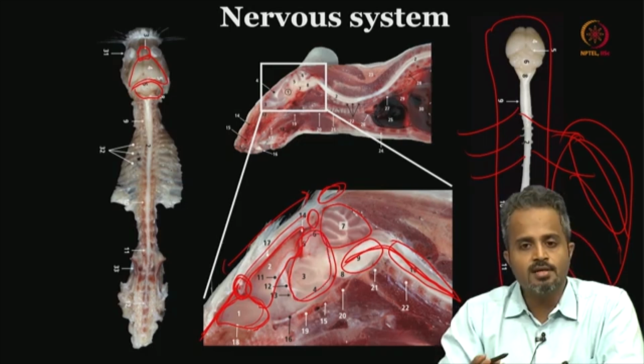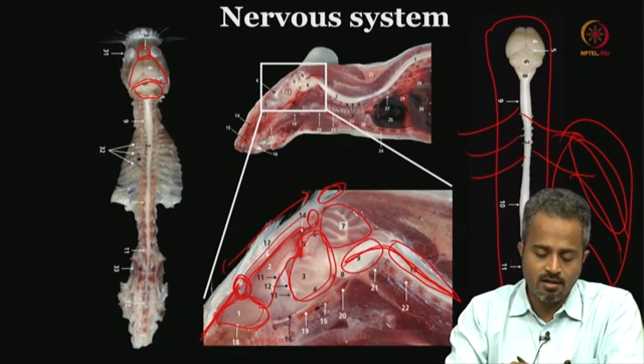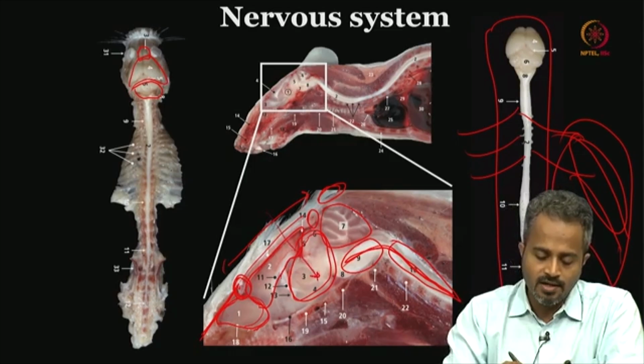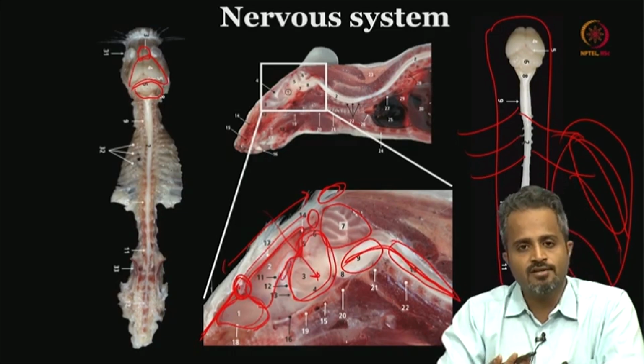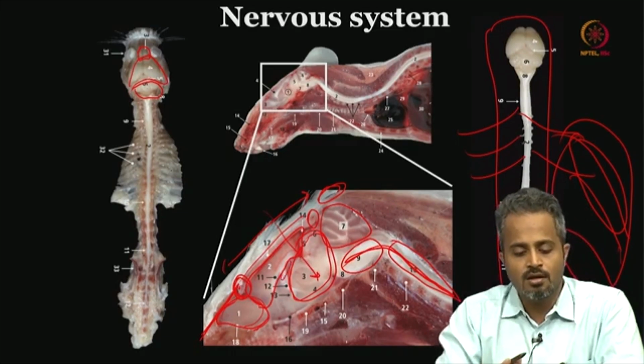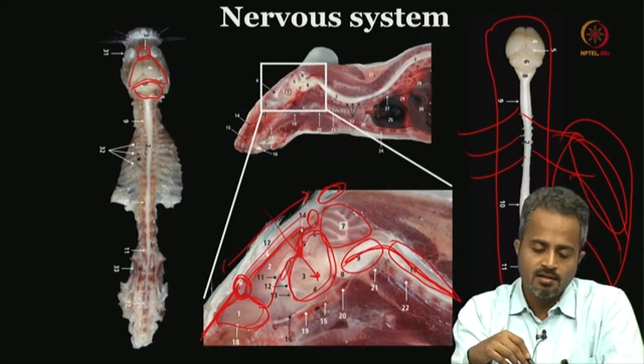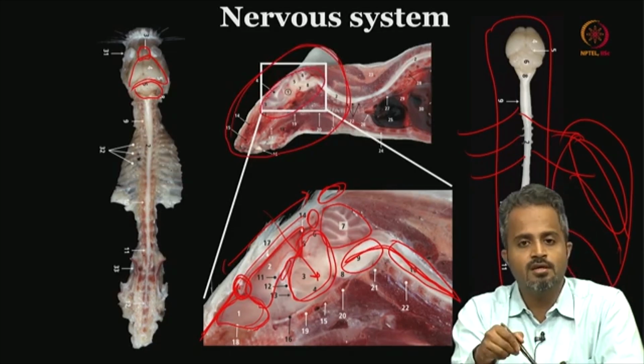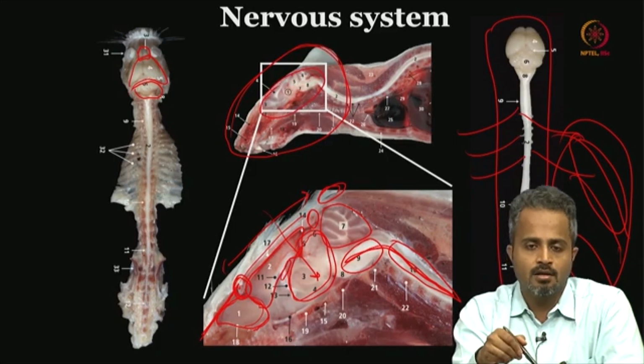Of course, we will go into it in detail, but in relation to the skull, this is where it is, alright, and that is the ventricular system, which will house the CSF, that is the brain fluid. Okay. So, you can see that the larger part of the entire head of the rodent is not brain. It is only around, I would say, 1/4 of the head that has brain.